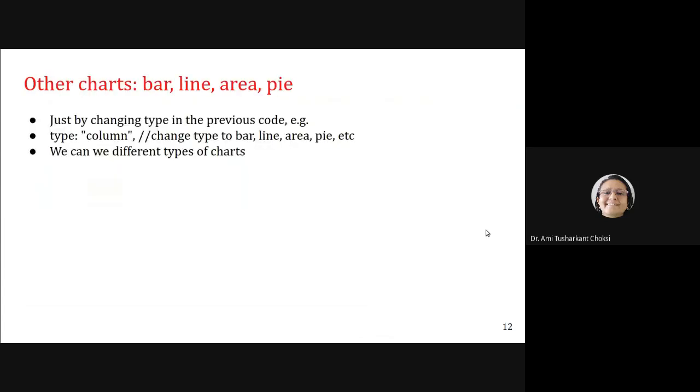Now, if we want to have, say, bar chart, line chart, area chart with this code, the only change is, instead of type column, we write bar, line, area, pie, right? Instead of column, we write any of these, and we can get the different types of charts that we have already seen in the previous lecture, right?